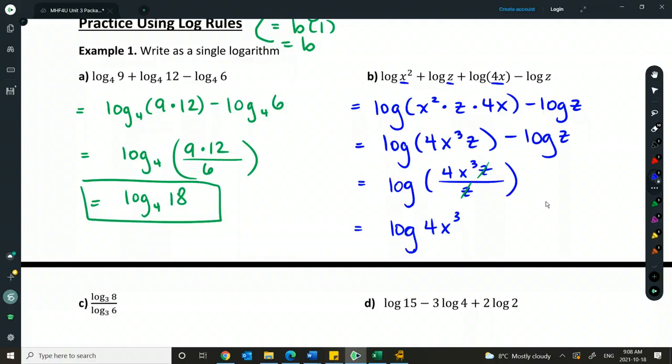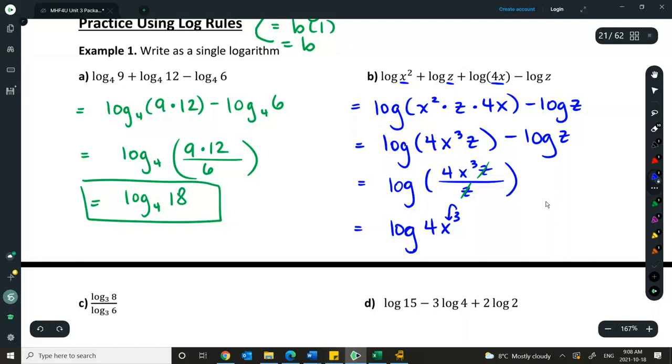And actually, this is kind of important. Can I bring this 3 down in front? Could I apply power law in a scenario like this? So the cubed, what does this apply to? Ian?